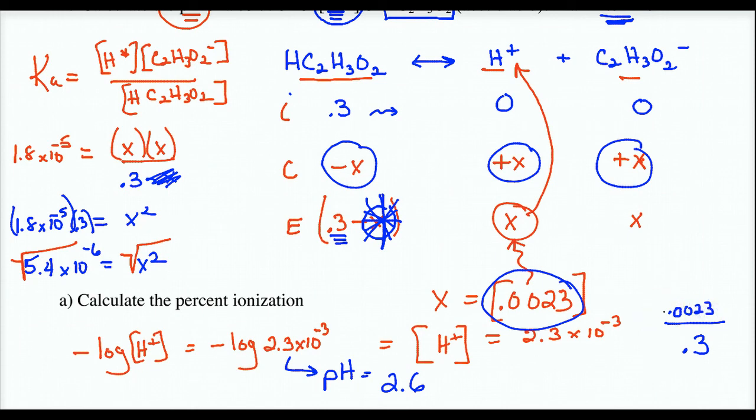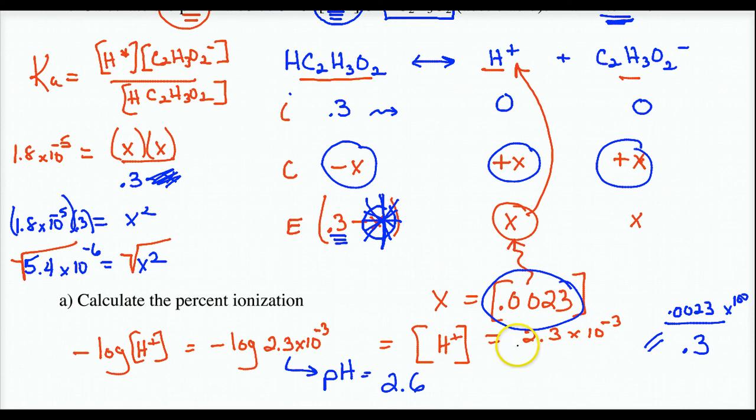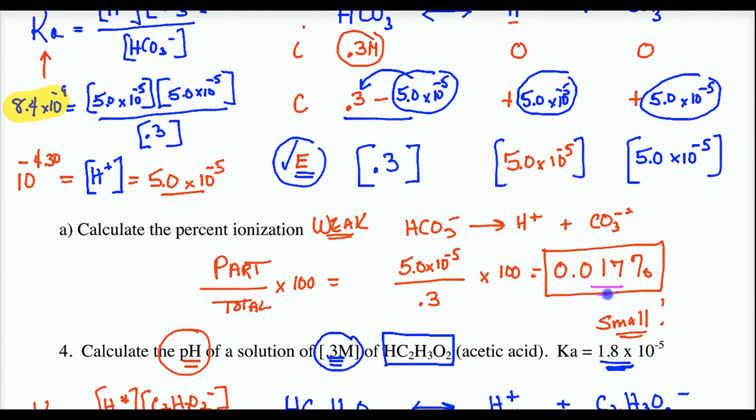So we take our 0.0023 divided by 0.3, times 100, and this gives me 0.77. So this acid dissociates only 0.77% of the time. Notice its Ka is 1.8 times 10 to the negative 5. Look at the other one. It dissociated 0.017% of the time.